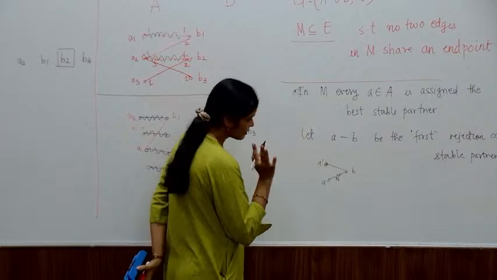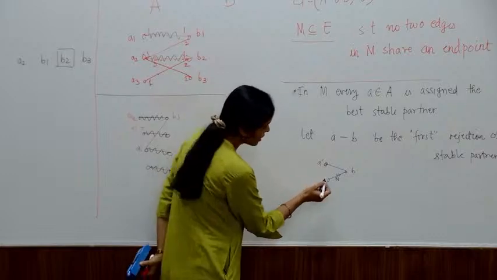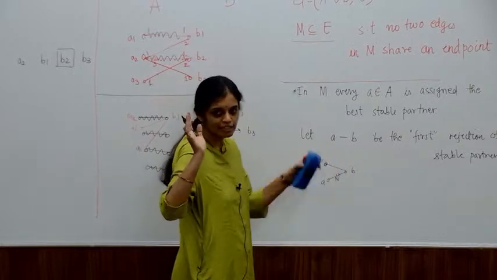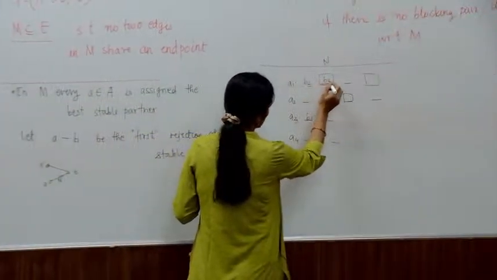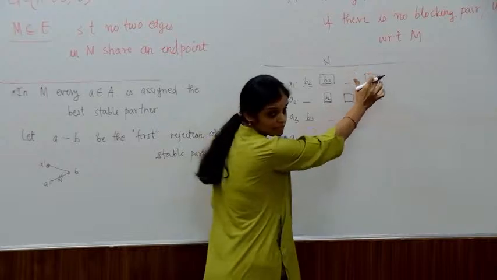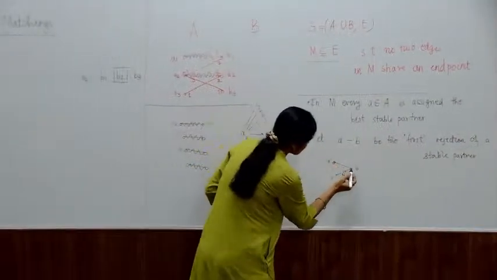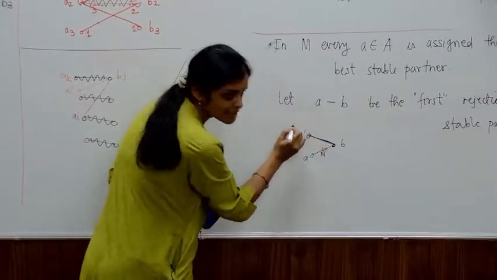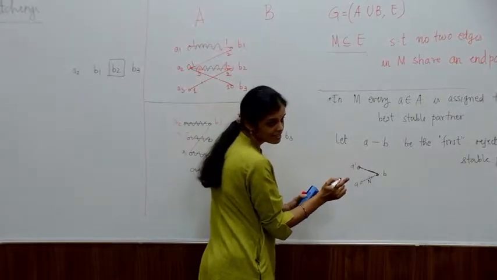Remember N is also a stable matching, in which A gets matched to a better partner than what we have. So with respect to N, B has a better choice, which is A prime. A prime B will become a blocking pair for N. For N. Yeah. For N.